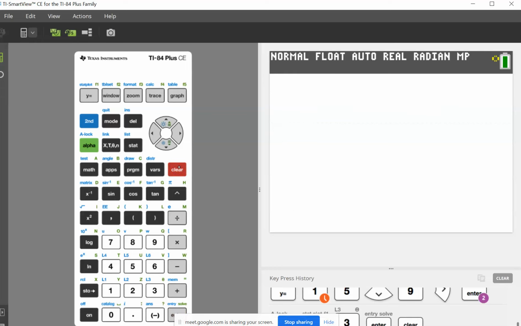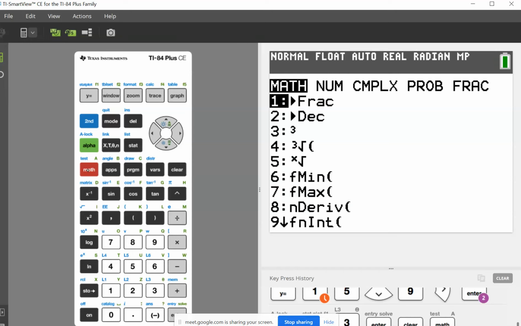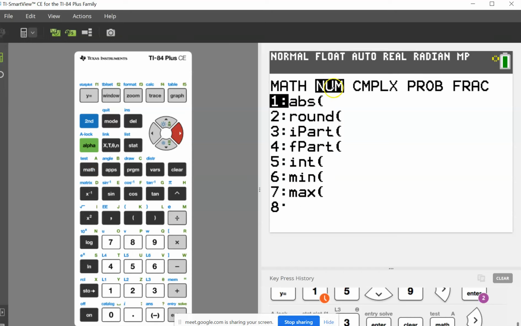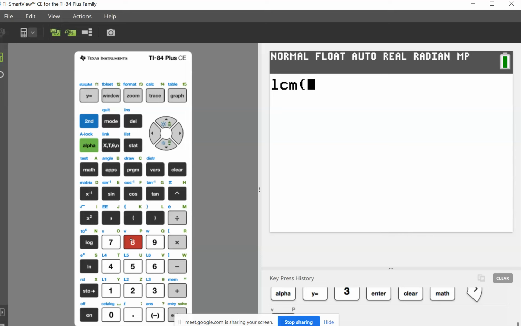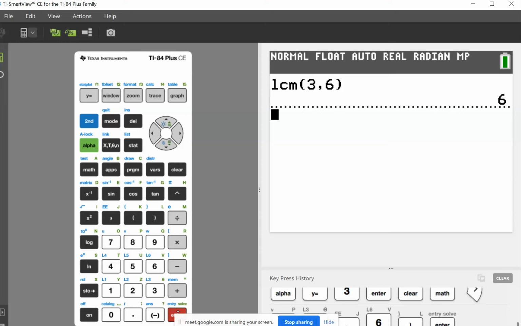The way to find a least common denominator is we press Math. We arrow to the right so it moves over to NUM for numbers, and we choose number 8. We can only do 2 at a time. The first 2 denominators we have are 3 and 6. With the first 2 numbers, I get a common multiple of 6.